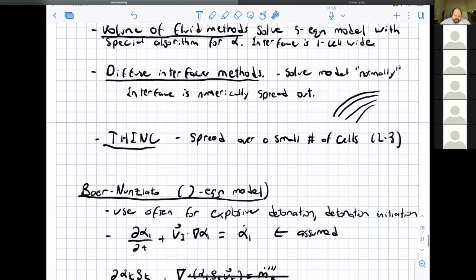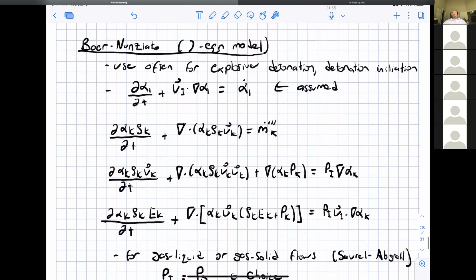Okay, so now if you work in compressible flow and explosives, there's a very famous set of multi-phase equations. They're called the Baer-Nunziato equations, or a 7 equation model. These are often used for explosive detonation, shock to detonation transition, and all sorts of things.